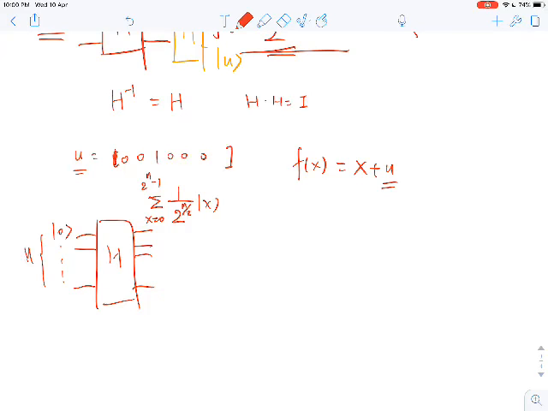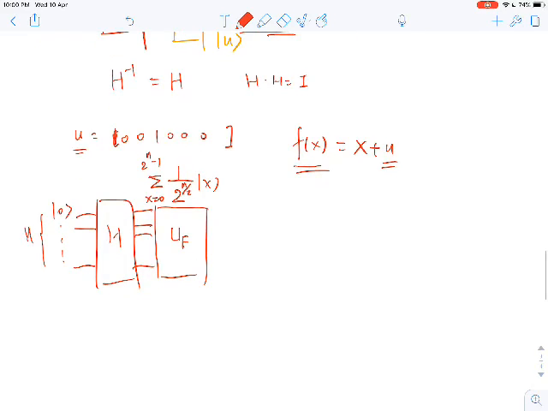We also have a function gate here to process this f(x) and get the output f(x), and necessarily we have some other qubits to store the output of f(x).